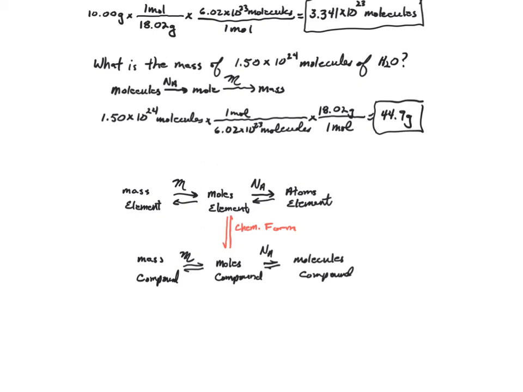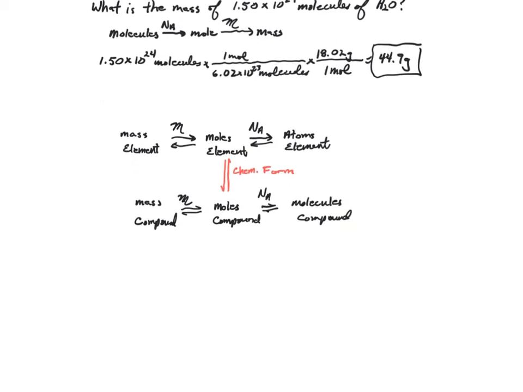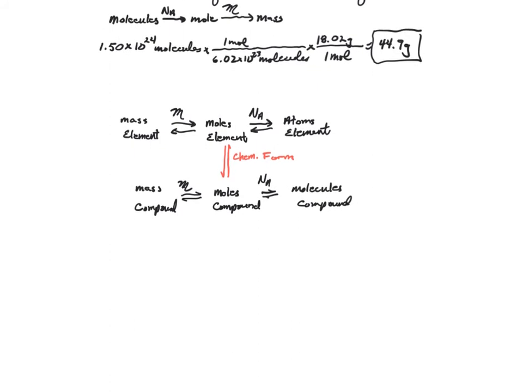So if you consider water, for example, we know that in a molecule of water, there are going to be 2 hydrogen atoms for every 1 water molecule.